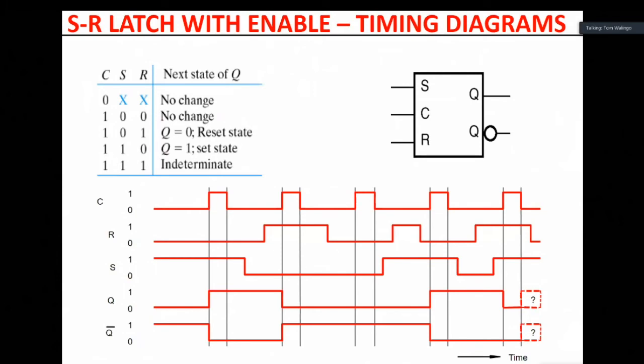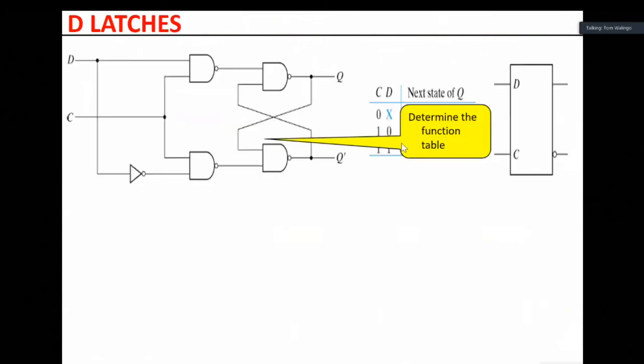Now, can we get the function table here? I'm giving you strictly 3 minutes to give me the function table. You've got C, which was our enable. And the previous S and R are now connected to D. So we've got only one input, D, and the control.